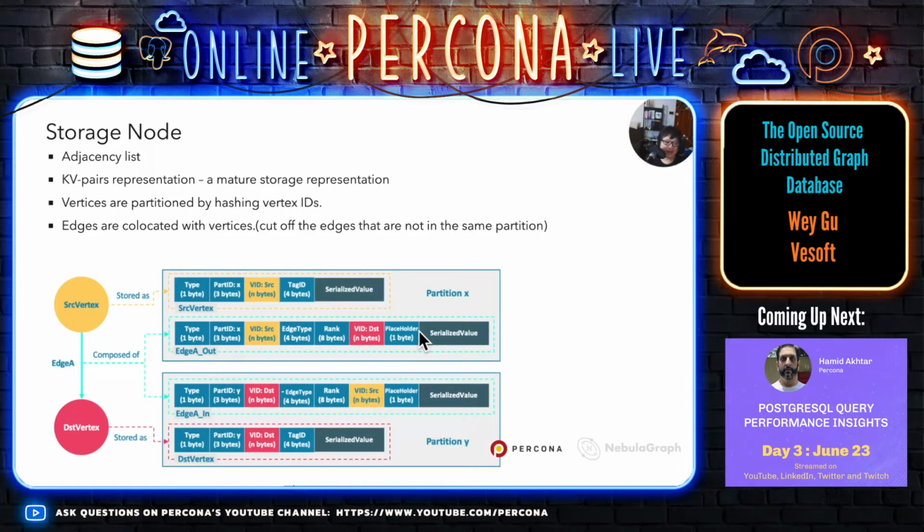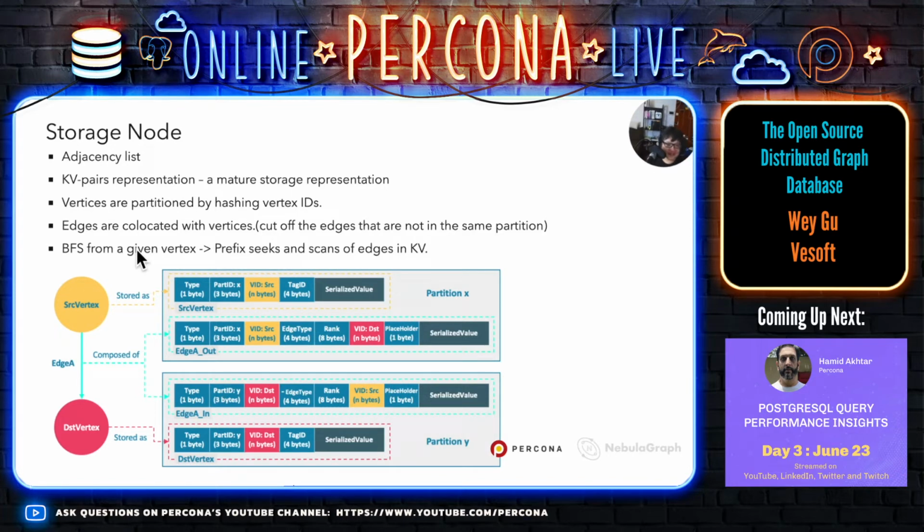For example, we can leverage the WiscKey design, the KV separation, which we already brought in 3.0, and it brings a certain performance improvement. That means if you turn on KV separation, in certain cases some of the values can be persisted separately in another place. That will be helpful when you have a bunch of properties. And that's only one case of the KV theories that we can leverage to improve the storage.